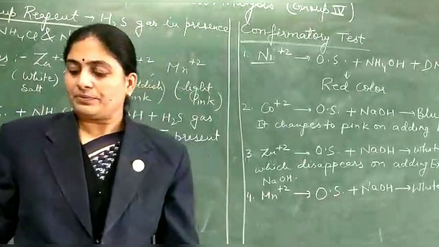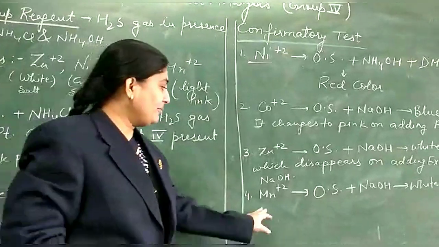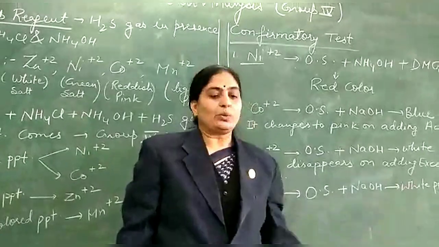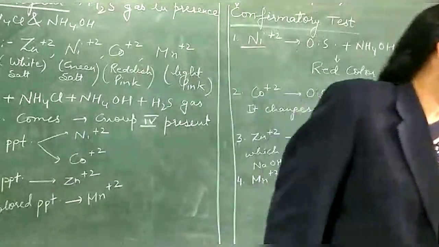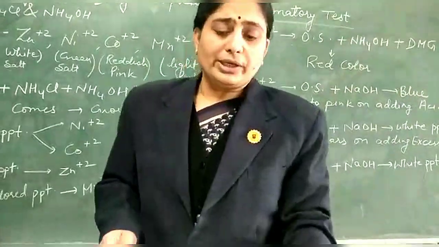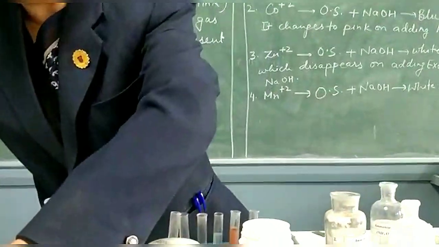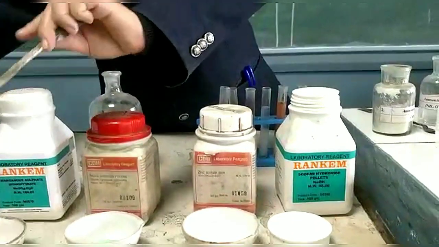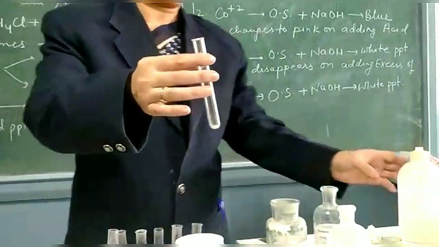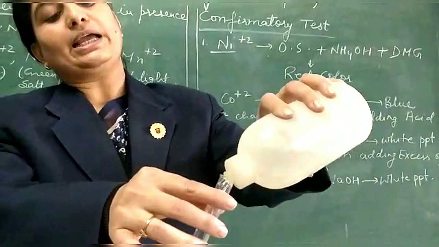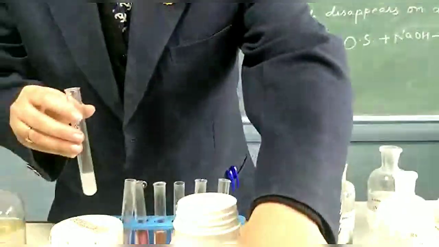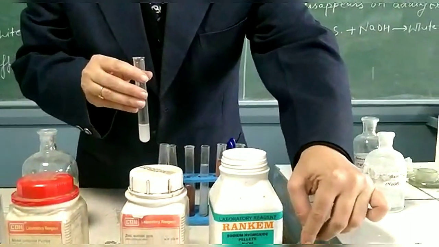And last we have manganese ion. For the confirmatory test for manganese ion, we take original solution and add NaOH, and we get white PPT. Though there are many tests for manganese ion also, as I told you earlier, and I keep on repeating this, just by seeing the color for fourth group salts, we can easily identify the presence of that cation in the salt.